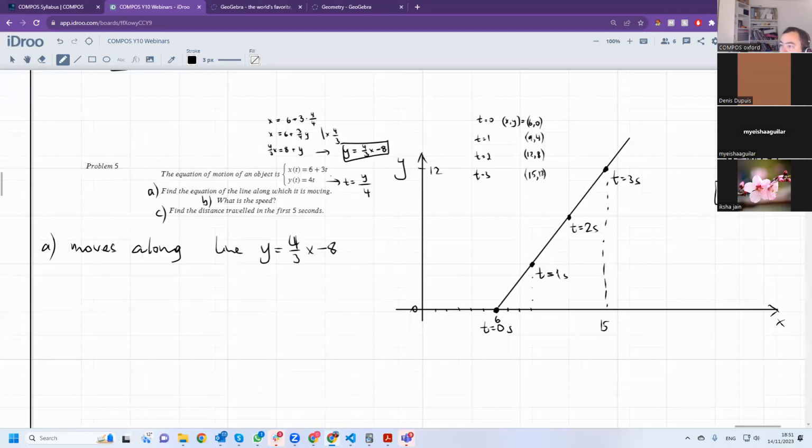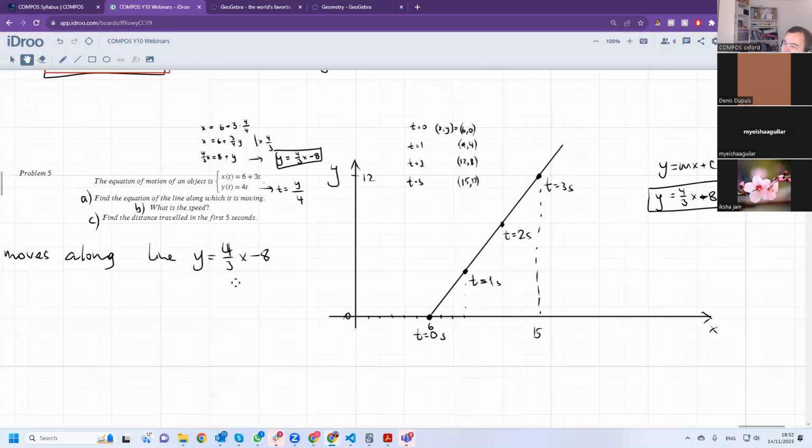There's a gradient. The speed. The gradient of a distance time graph is the speed, yes. But this is not a distance time graph, yes? So what is the speed?